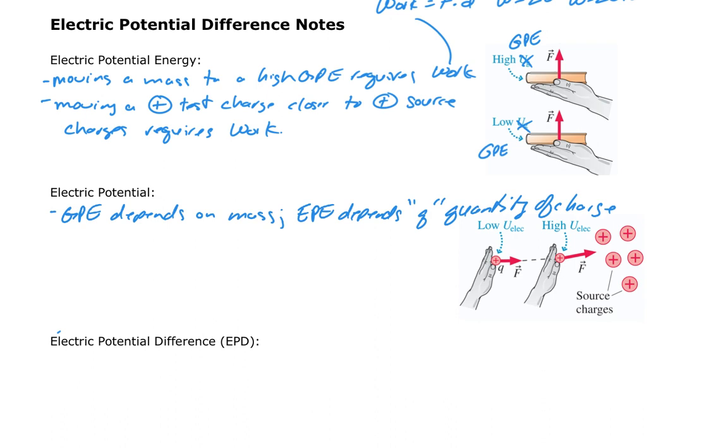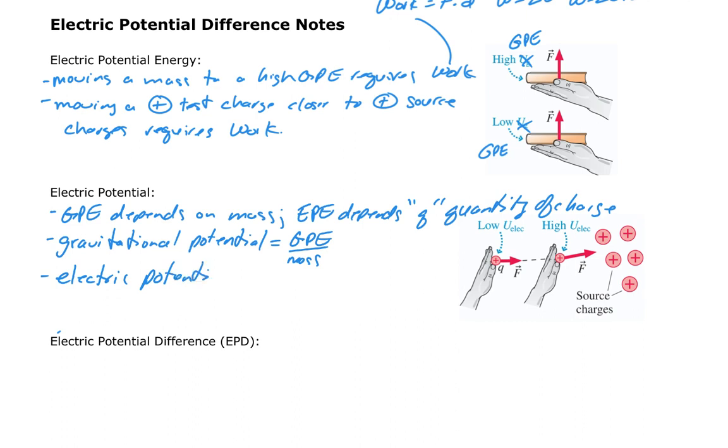Instead of looking at GPE, we could just talk about gravitational potential, and gravitational potential is simply GPE divided by mass. Similarly, electric potential is equal to the electric potential energy divided by the charge. That's a more convenient way to look at those values, to take out that mass or charge dependency.